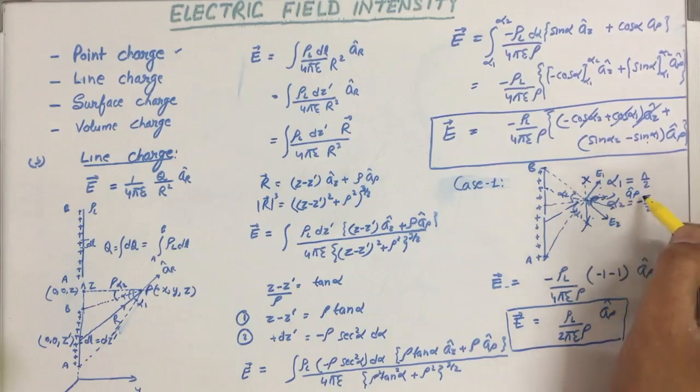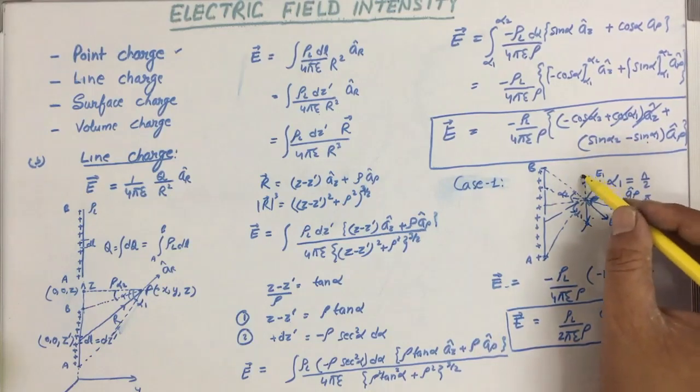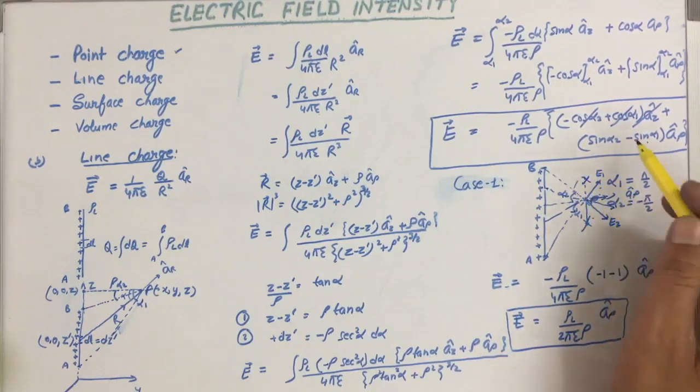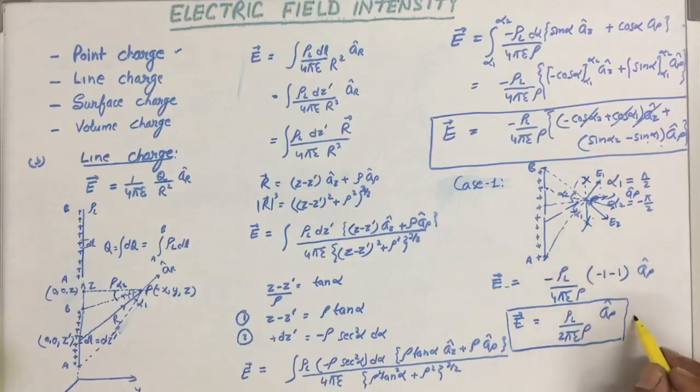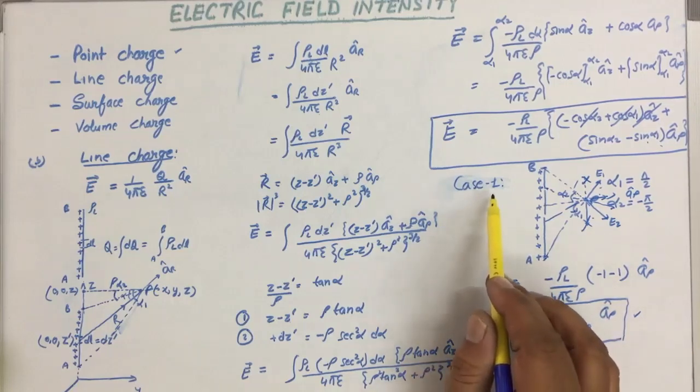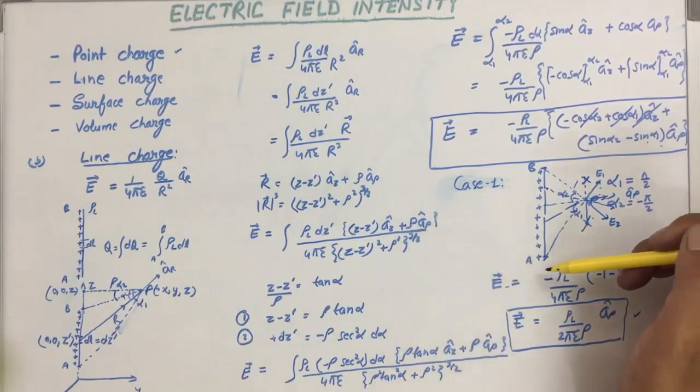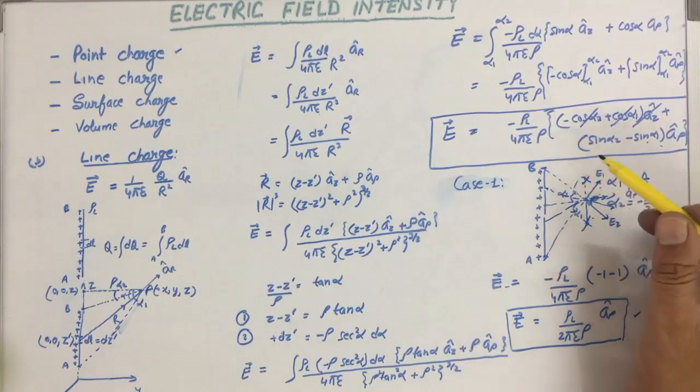This direction is the radial direction. So there is no component in the z direction, only the component in the direction of a rho is present there. That is verified from here. So this is the electric field intensity when the line charge distribution is of infinite length.